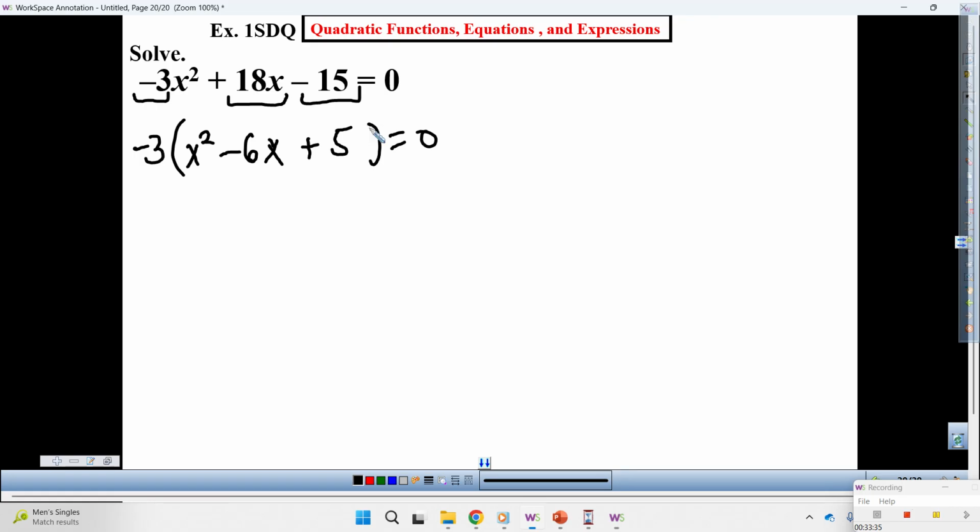All right? Look at the inside of the parentheses. Tell your neighbor what to do for the inside of the parentheses. What do we do next? Does that look familiar? Yeah. What number goes on top? 5. What number goes underneath? Negative 6. So tell your neighbor two numbers that multiply to give us positive 5, and when you add them, give us negative 6.